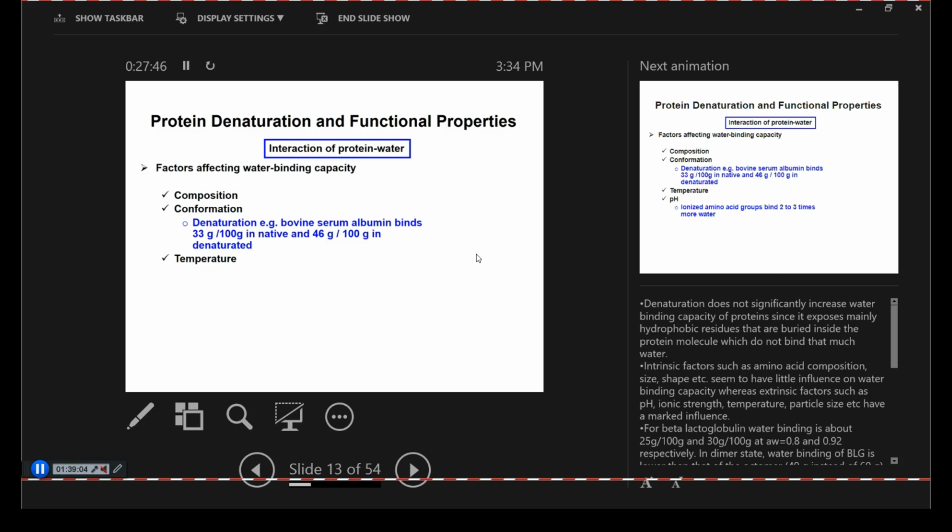And I'll show you an image in a minute here. pH, if you change the pH way above or way below the isoelectric point, we're going to bind more water because we're going to get ionized amino acid groups, and these will bind 2 to 3 times more water. So at higher pH or low pH, away from the isoelectric point, we'll bind more water. Around the isoelectric point, we're going to bind less water.